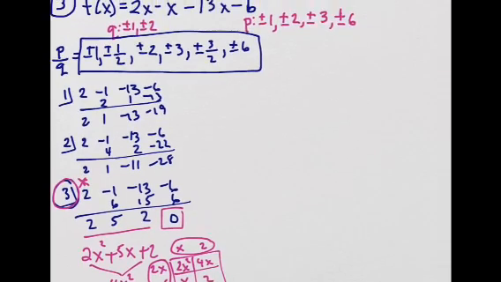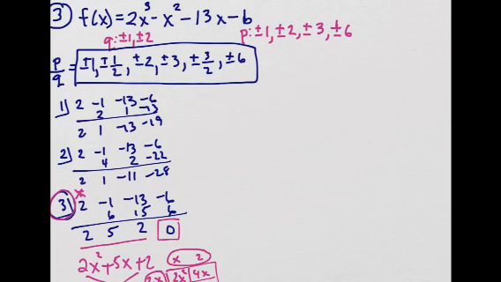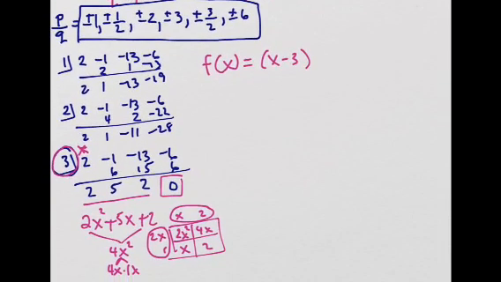So now f of x equals, from this 0 right here, I get x minus 3. And then from the factored form of the quadratic, I have x plus 2 and 2x plus 1.